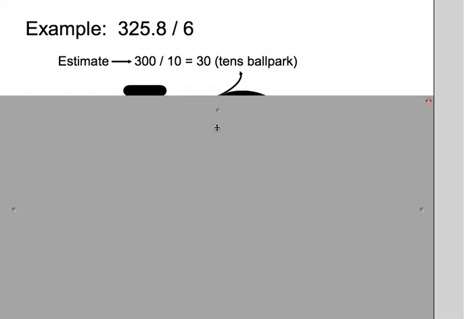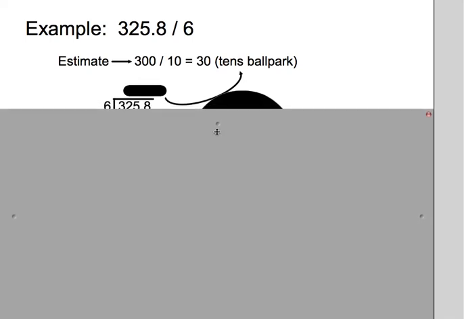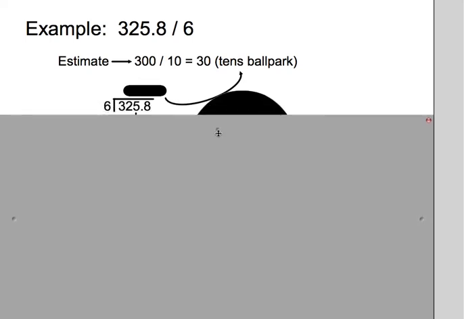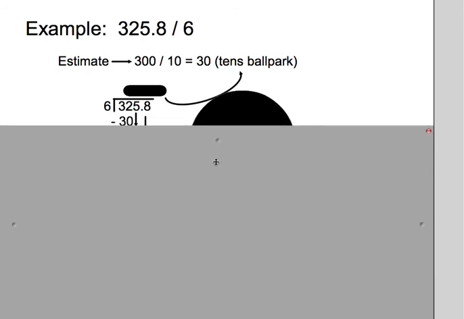Now I need to rewrite my problem so that I can divide. So I'm going to rewrite it, 325.8 divided by 6. Now I'm going to ignore that decimal point there, and I'm going to go ahead and divide exactly the way I would if there were no decimal point.